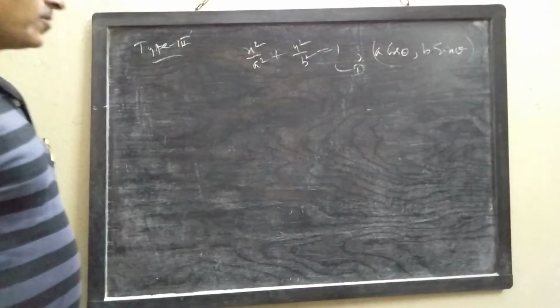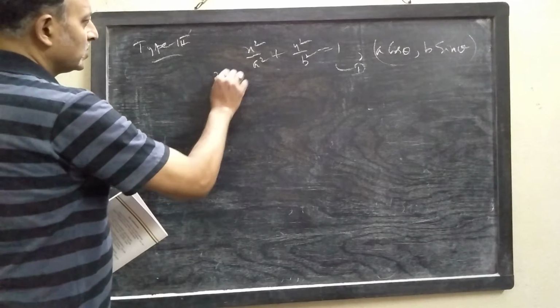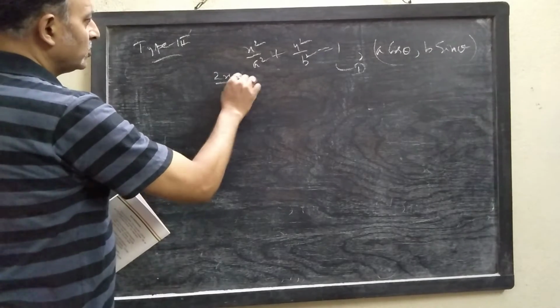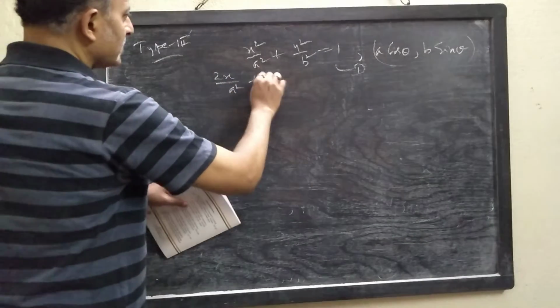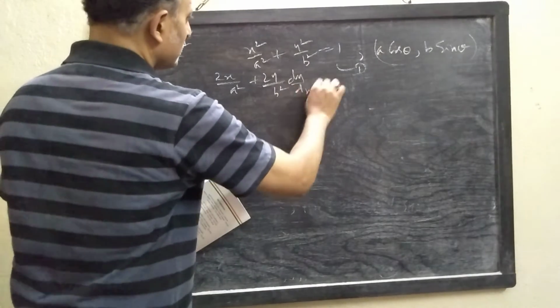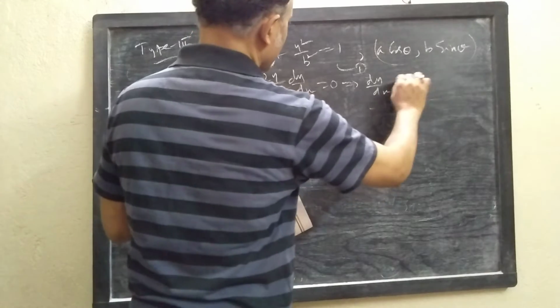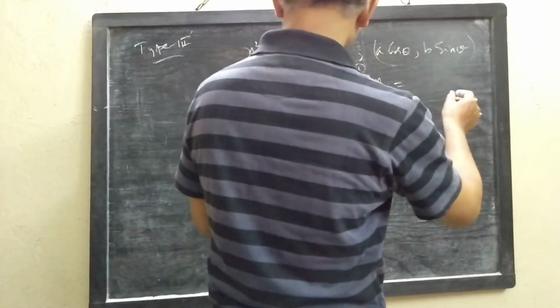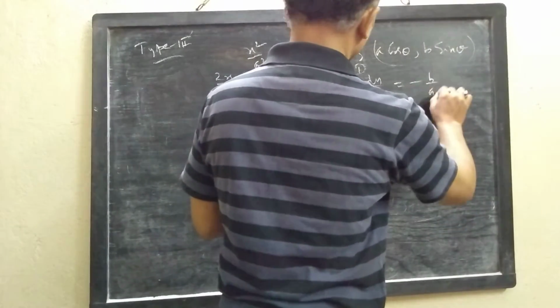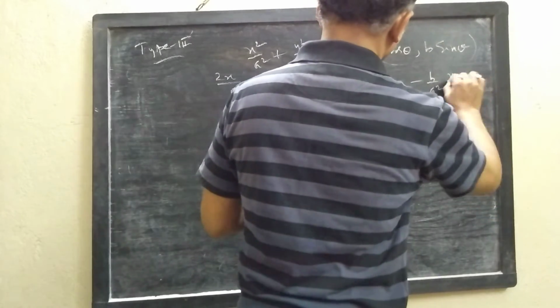So first, in a similar way, this is number 1. Differentiating both sides of 1 with respect to x, we get 2x by a square plus 2y by b square dy/dx equals 0. That implies dy/dx equals minus b square by a square into x by y.